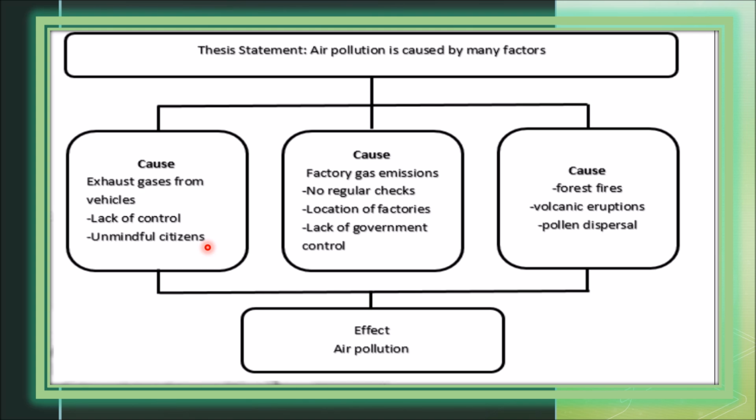Another cause is factory gas emissions, no regular checks, no location of factories, lack of government control. And another cause is forest fires, volcanic eruptions, and pollen dispersals. So these are the causes, and the effect is air pollution.